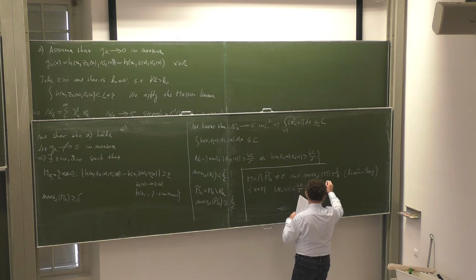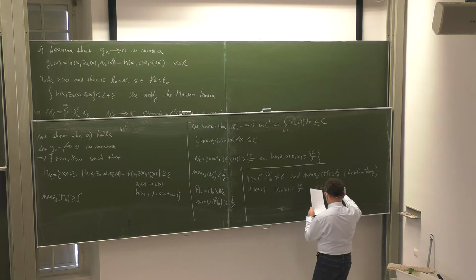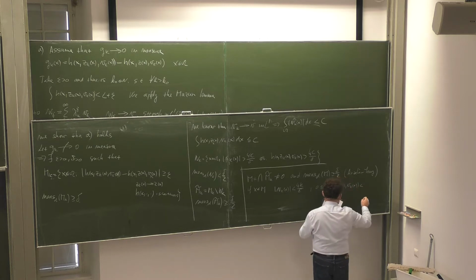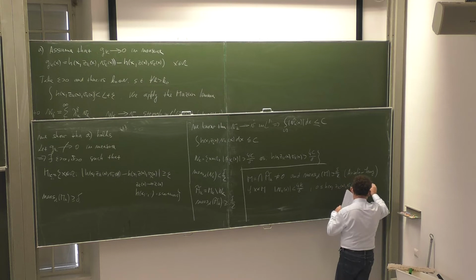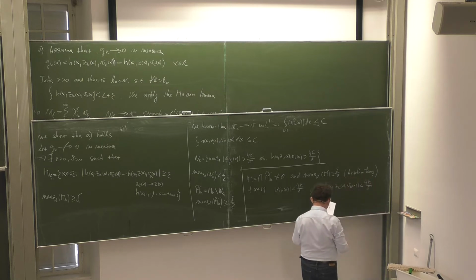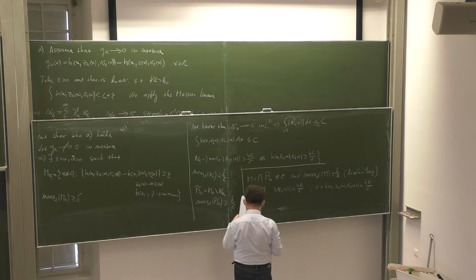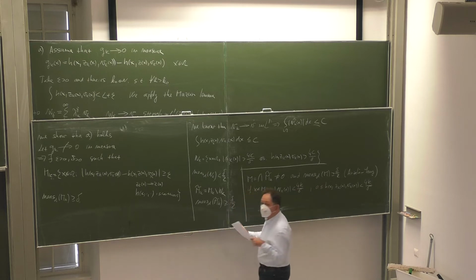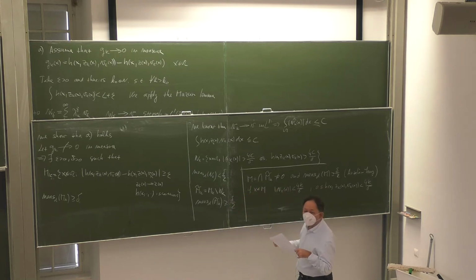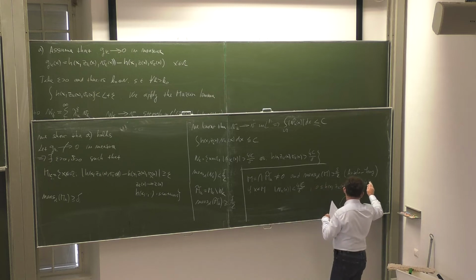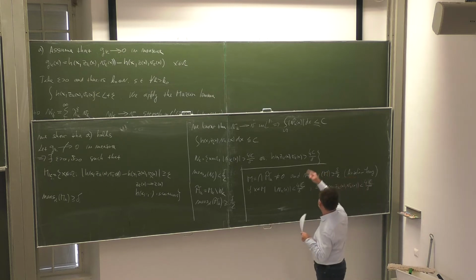We know that this is non-negative, so h(x, vk(x)) is smaller than 4C divided by delta. Oh, sorry, I have to say C. This is the constant we had there.